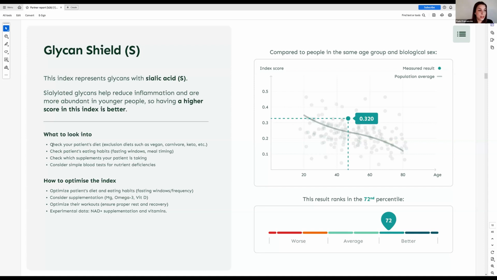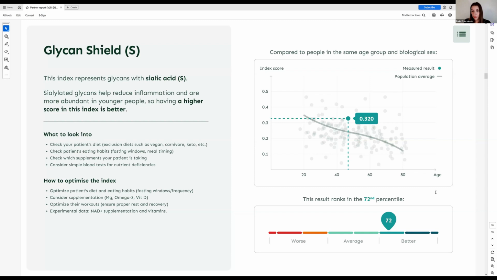So for example, if you see a sentence here, check your patient's diet, exclusion diets such as vegan, carnivore, keto, and so on. This doesn't mean that those diets would be beneficial, but it would actually mean the opposite. So if a certain elimination, very restrictive diet is present, it could deplete the body of needed nutrients, and it could cause a lowering of the Glycan Shield glycans. Hopefully this will be understandable to you.